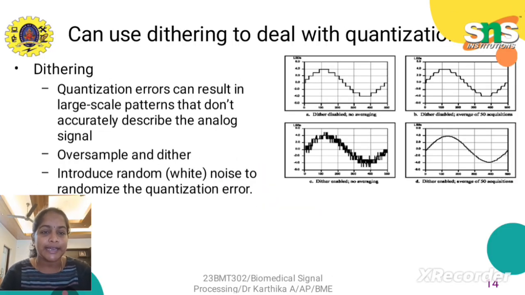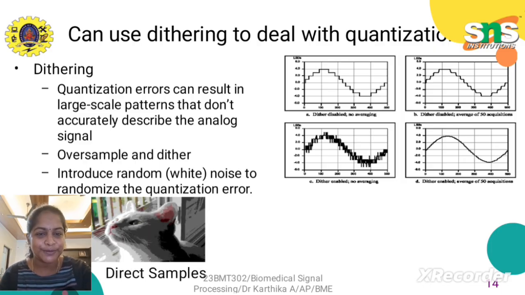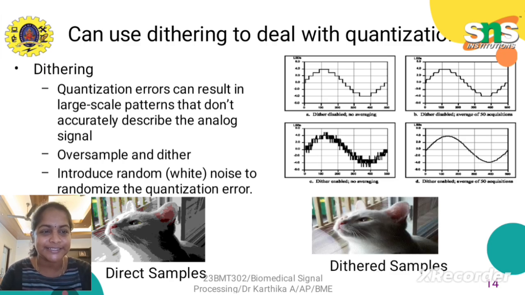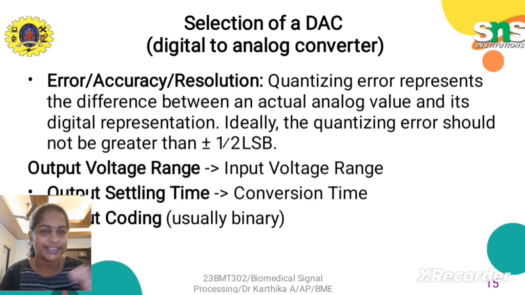Sometimes quantization errors can result in large scale patterns that don't accurately describe the analog signal. So we introduce random white noise to randomize the quantization error. See the direct samples and dithered samples. See the output. It gives a perfect, exact replication of your input at the output side.